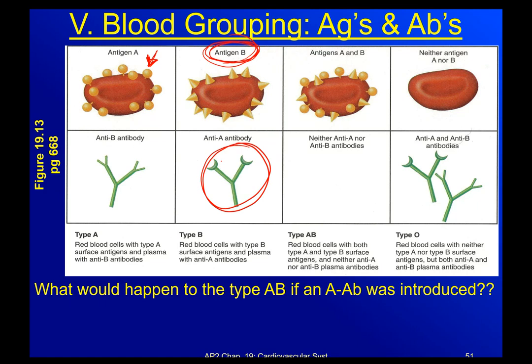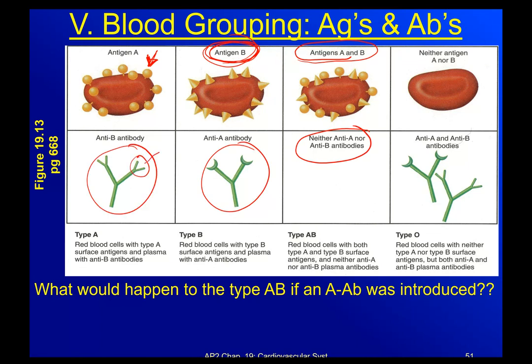Again, look at the crab claw. It would fit the A antigen. If I am type AB, I don't make either of these. Why? Because this would attack my own cell. This would attack my own cell. And I don't want that, so I don't do that.